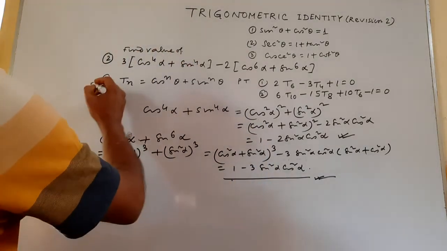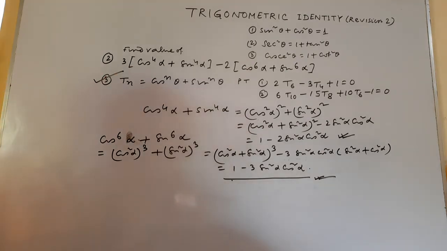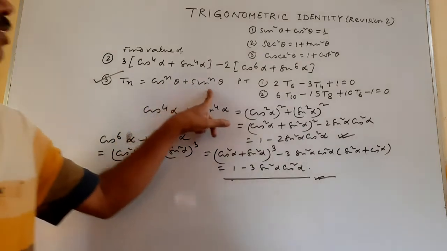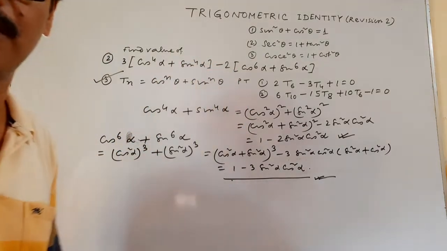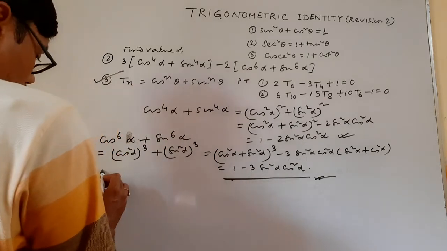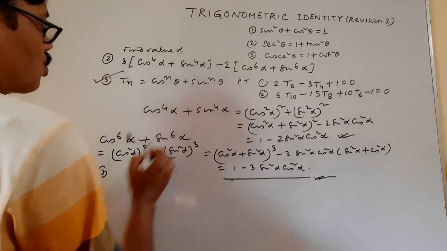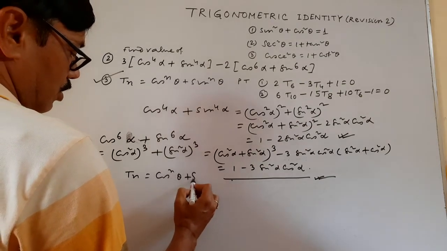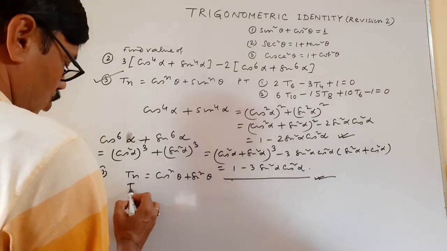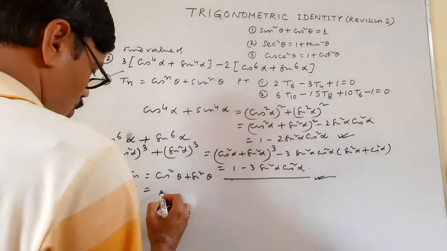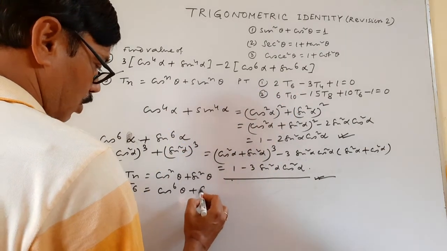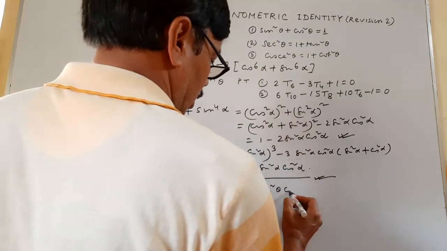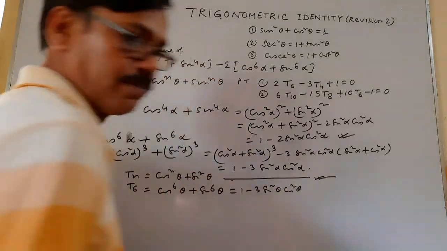Now, problem number 3. Tn equals cos to the power n theta plus sine to the power n theta. So, what is T6? Cos to the power 6 theta plus sine to the power 6 theta is 1 minus 3 sine square theta cos square theta.